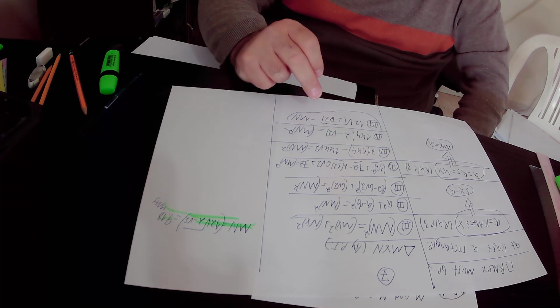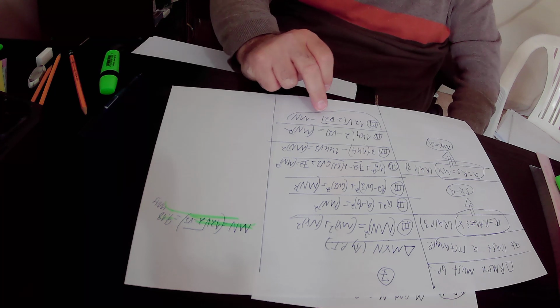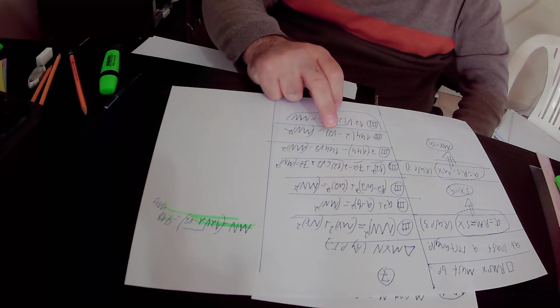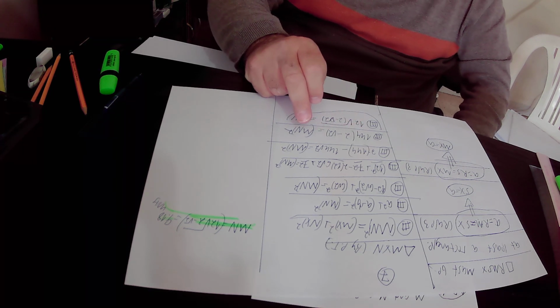So in conclusion, we found out that according to equation number 3, 2 times 144 minus 144 times square root of 2 equals MN square.